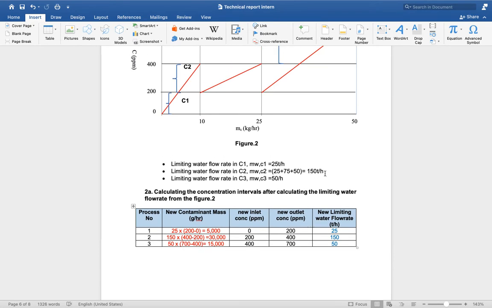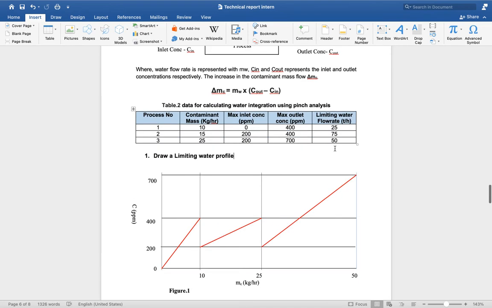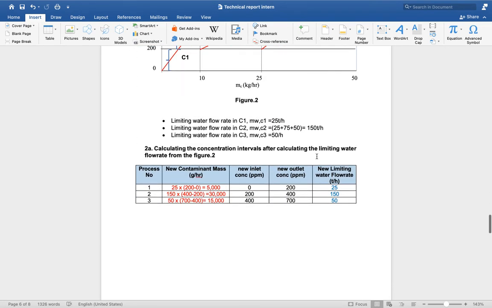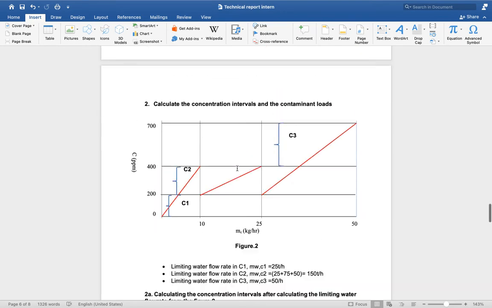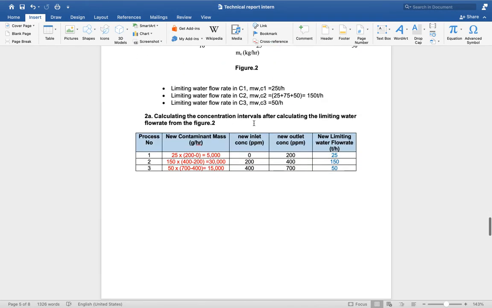So the second one is 150 tons per hour, and for the third one, C3, there is only one limiting value, 50 tons per hour, which is not changing. So only the second value is varying. After calculating the limiting water flow rate, we have to calculate the new contaminant mass. For this, we use the formula MW times delta C.